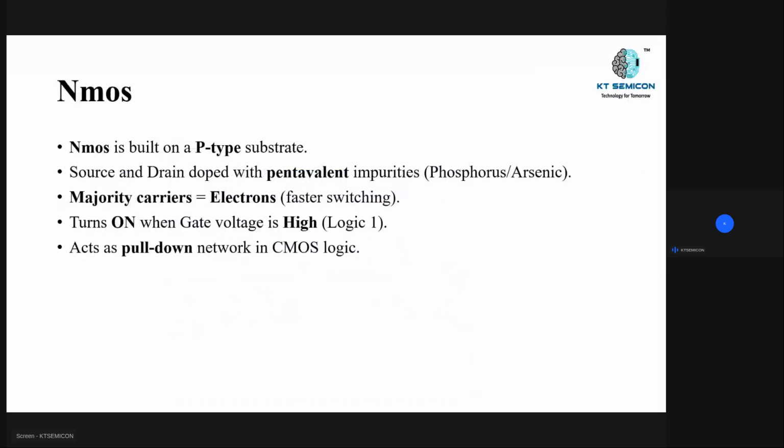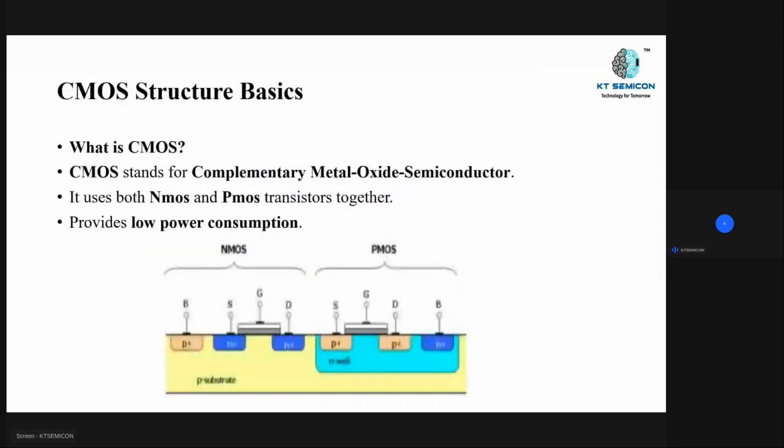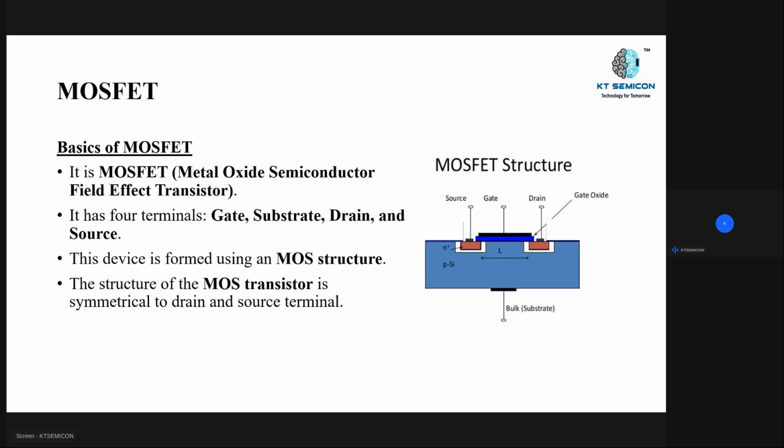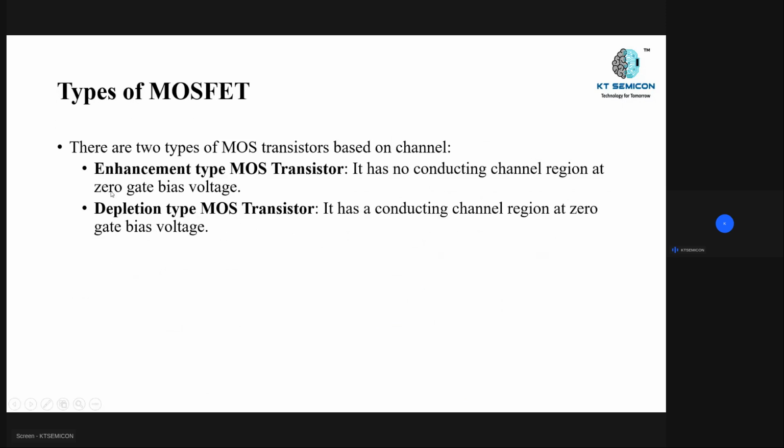Up to now, we have seen what is meant by MOS structure, NMOS, PMOS, and how a basic MOSFET works, and we have two different types of MOS transistors: enhancement type and depletion type. In enhancement MOS transistor, there is no conducting channel, right? In depletion type MOSFET, we can observe a channel.